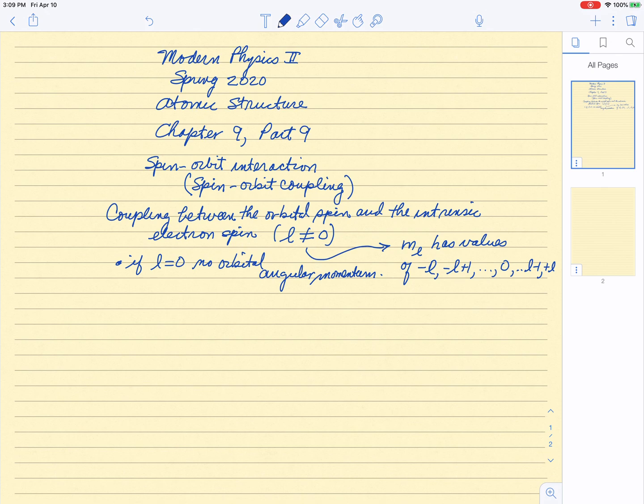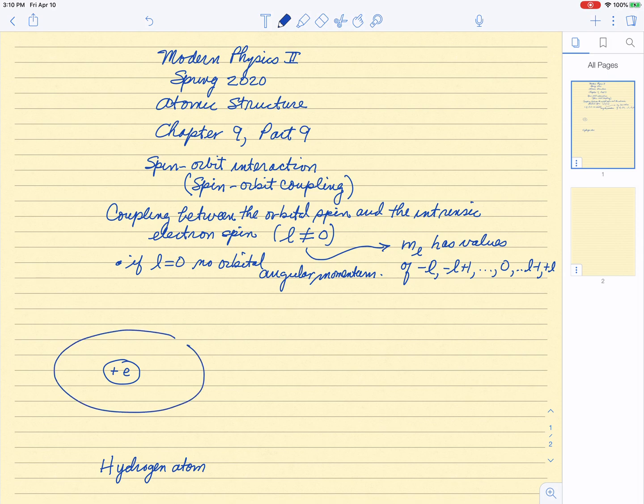And the way this comes about, if we go back to a Bohr model argument, here is the nucleus. Let's deal with the hydrogen atom since it's the cleanest of the models. So this is going to be plus e, one proton.